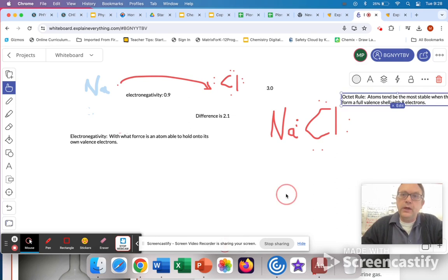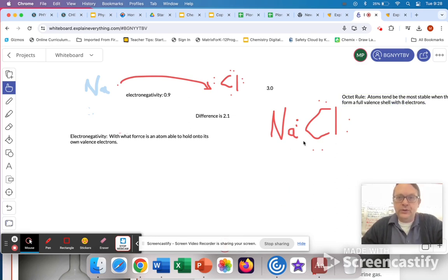But in general, most of them do that. So if it's an ionic bond, this is kind of strong here. If sodium bonds to sodium, that's a metallic bond.